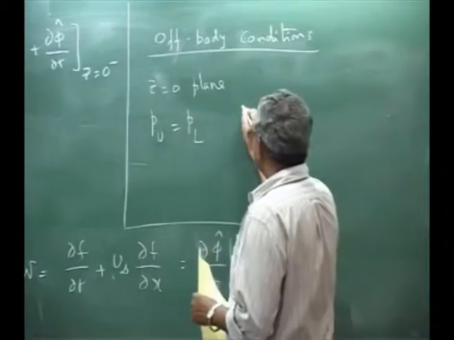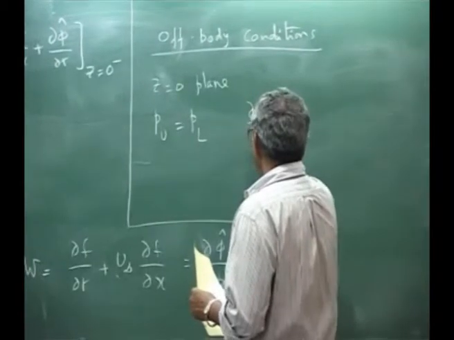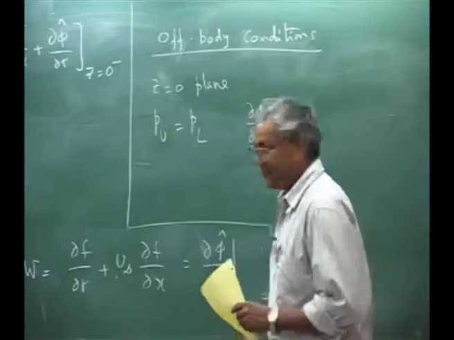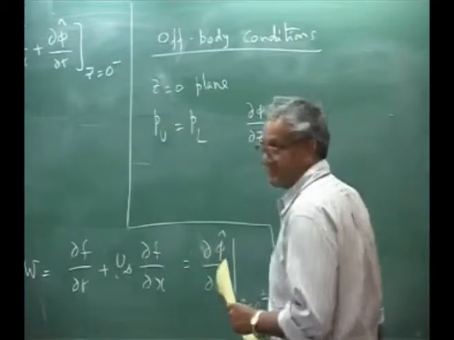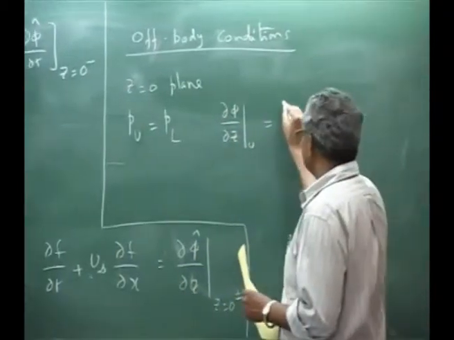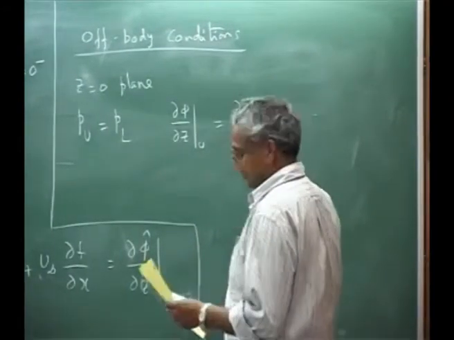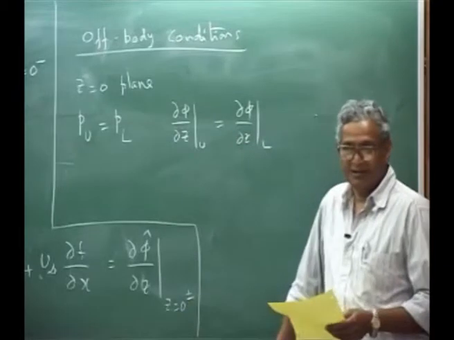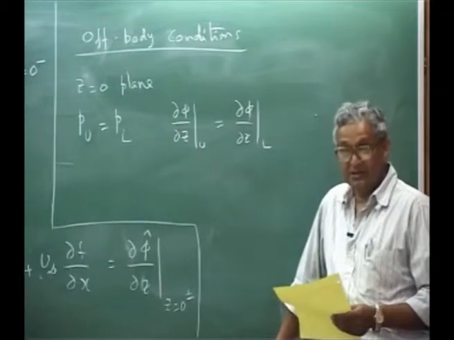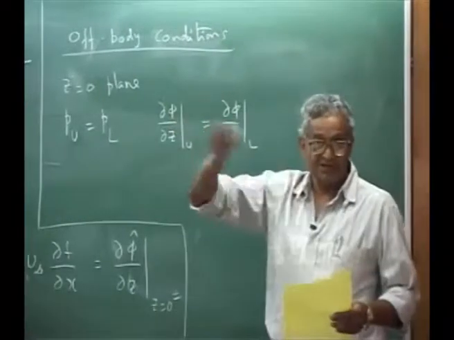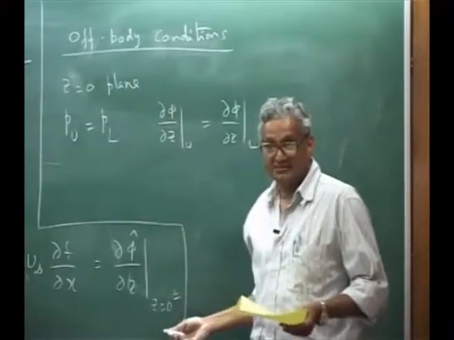So, you must get delta phi over delta z, upper surface, must be equal to the lower, because particularly this is very important for the q dot n, because velocity is continuous, normal velocity has to be.